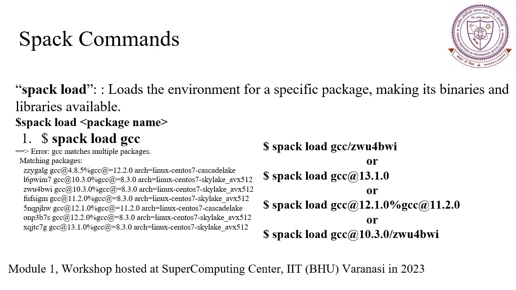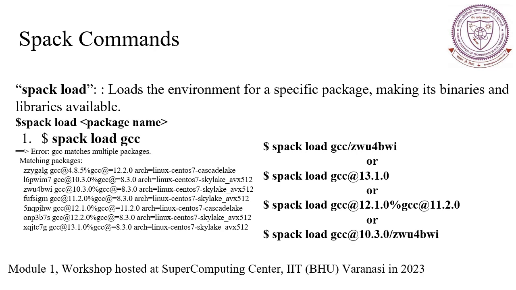If we want to load the GCC compiler with version 13.1.0, we can simply write spack load GCC at the rate 13.1.0. If you want to load the GCC compiler with version 12.1.0, which is compiled with GCC compiler version 11.2.0, you can write spack load GCC at the rate 12.1.0 percent GCC at the rate 11.2.0.